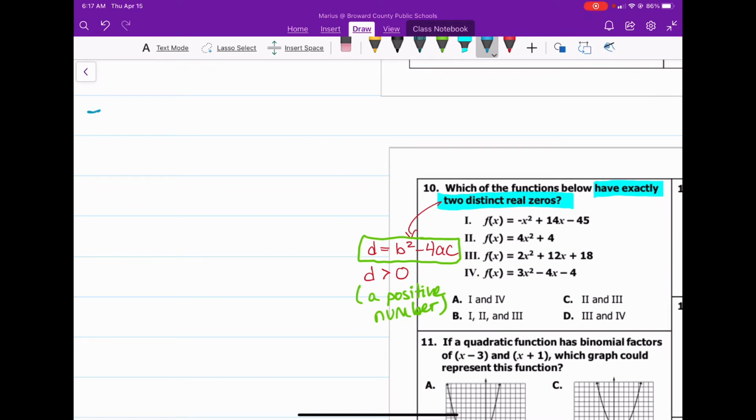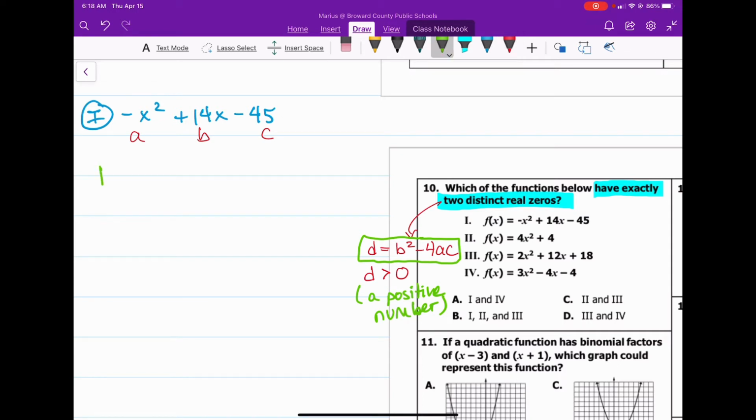So for I, we have negative x squared, positive 14x, negative 45. All right. So a, b, and c. Let's go ahead and fill those in.